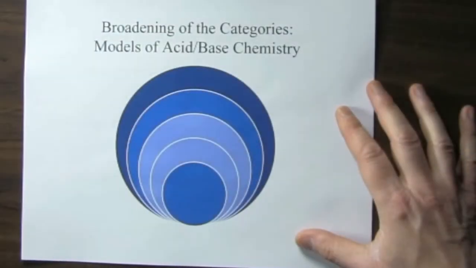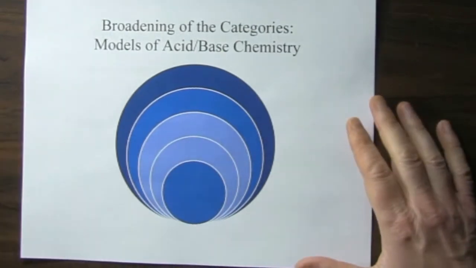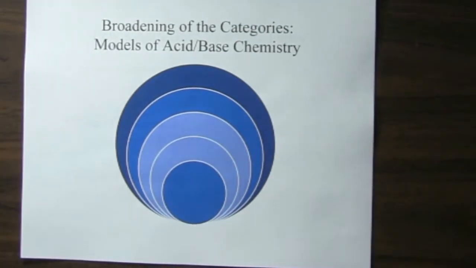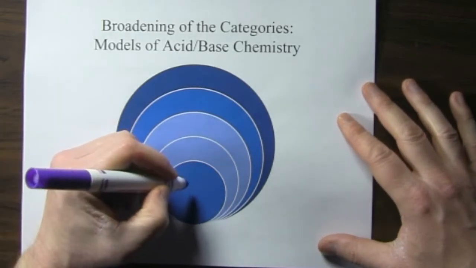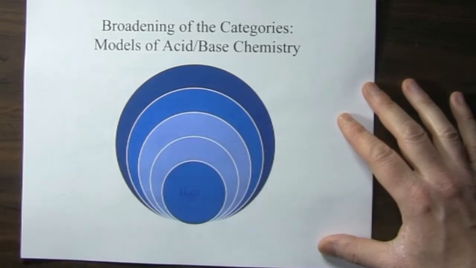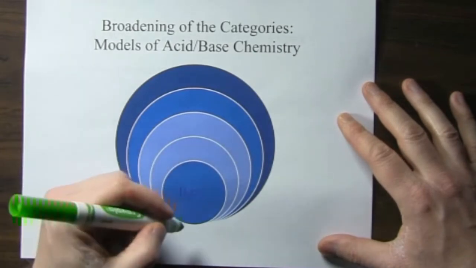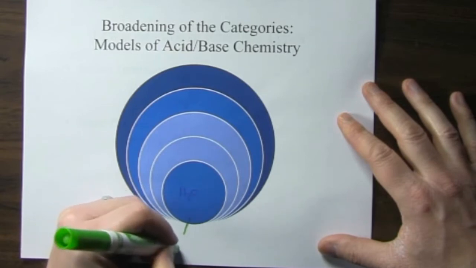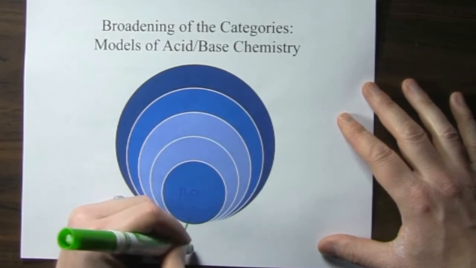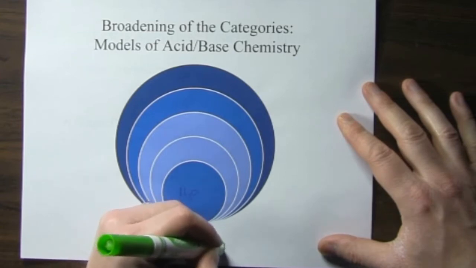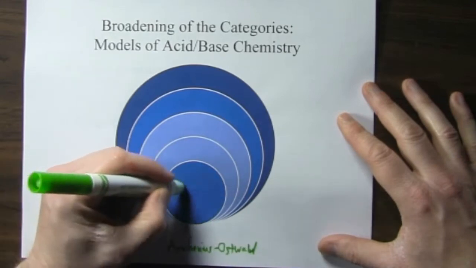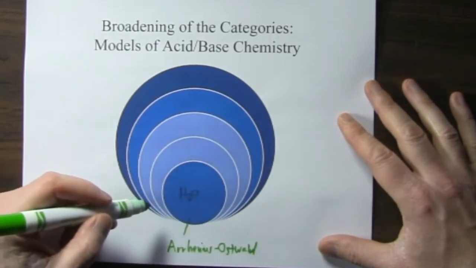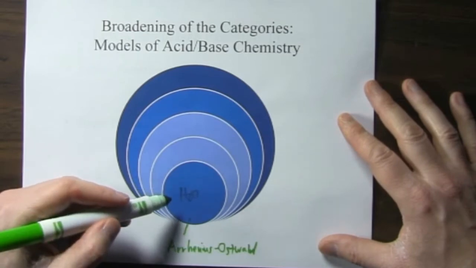So we've seen some examples of different types of acids and bases and different definitions of acids and bases. So first let's review what we've seen so far. We saw that in water we had the Arrhenius-Ostwald definition of an acid and base, which is one that forms hydrogen ions and hydroxide ions in water.